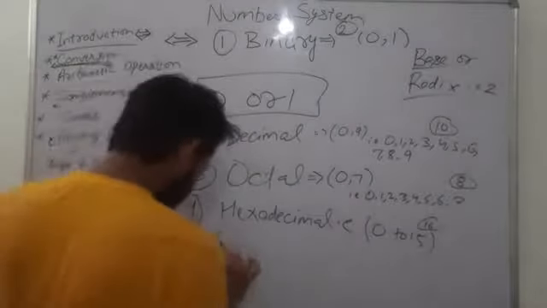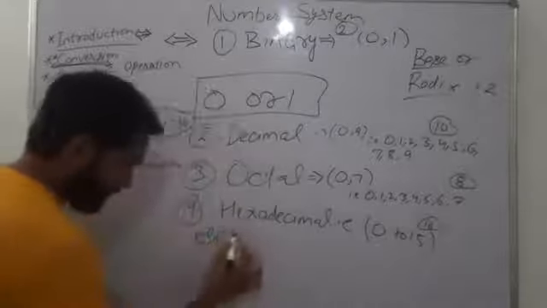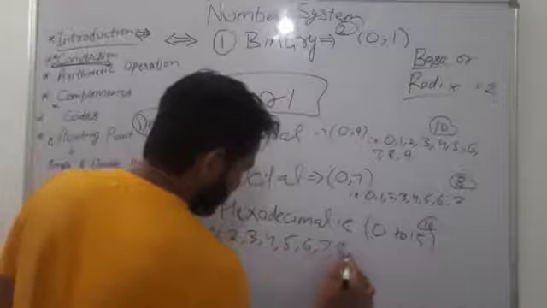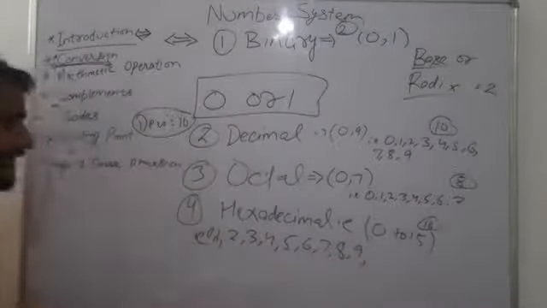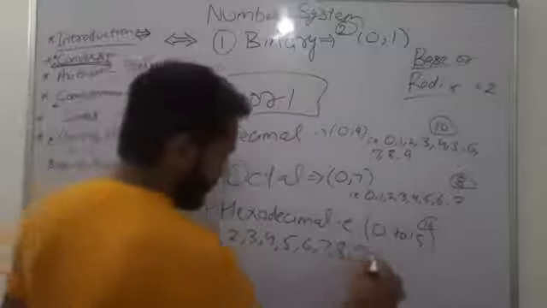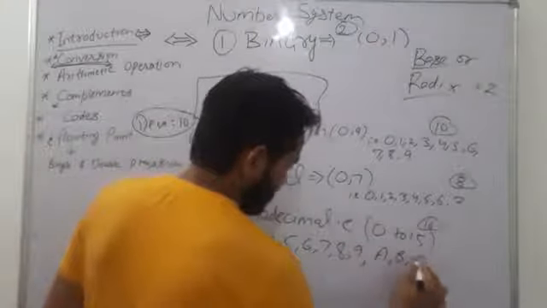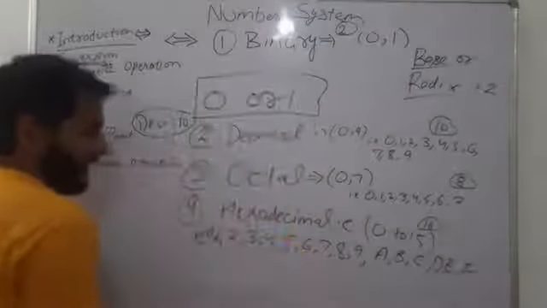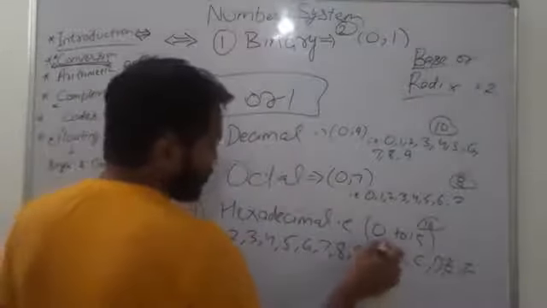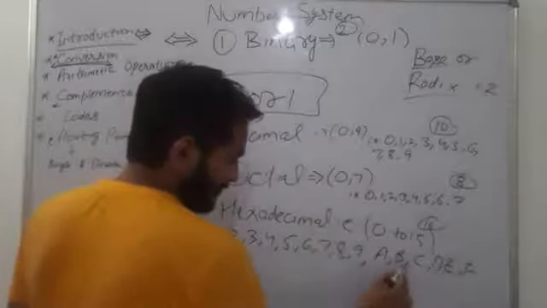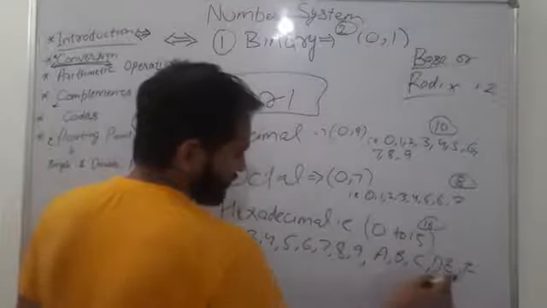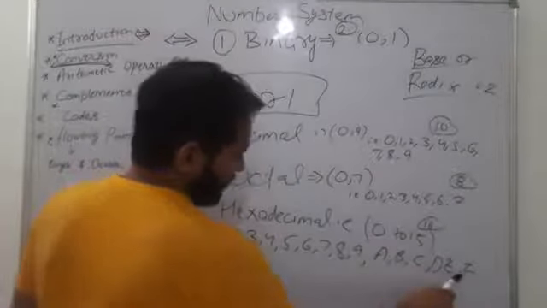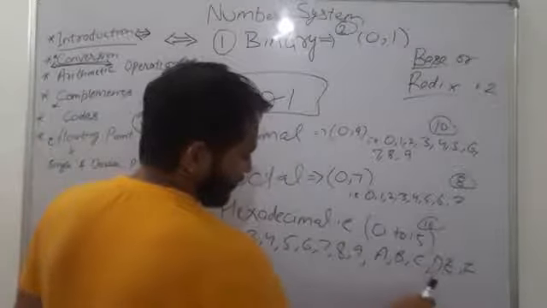Instead, we will write 0, 1, 2, 3, 4, 5, 6, 7, 8, 9. Then in place of 10 we will write A, B, C, D, then E and F. Here A is equal to 10 of decimal, B is equivalent to 11, C is 12, D is 13, E is 14, and F is 15.